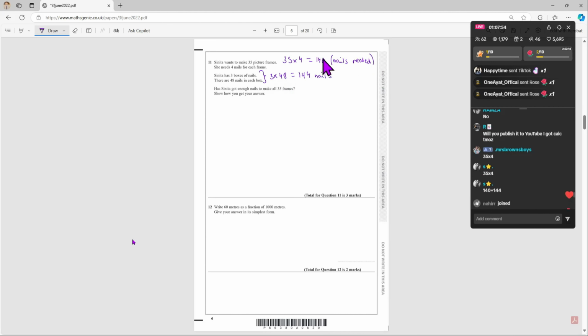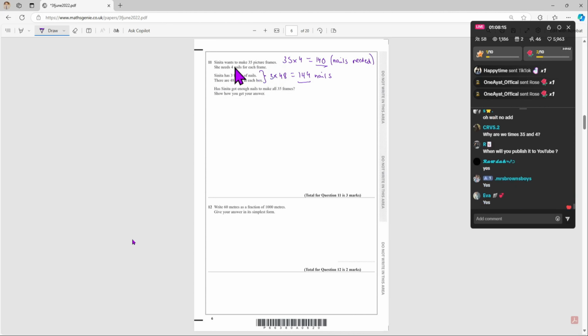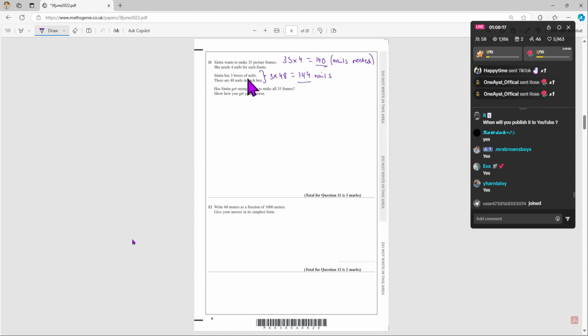And once you've done that, you can see we have 140 and 144. So has Sanita got enough? Why am I timesing 35 by 4? So I know how many nails Sanita needs to make the 35 frames.